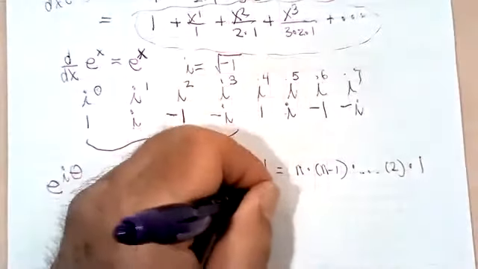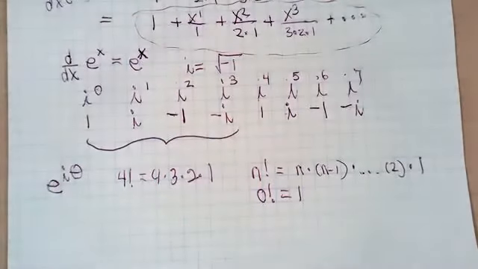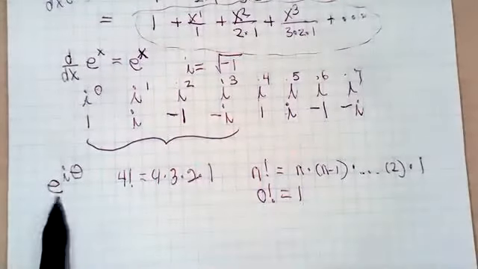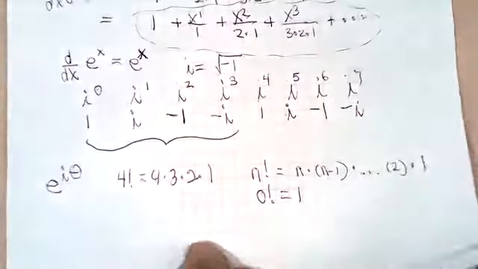And 0 factorial, by the way, is simply defined to be 1. Okay, so now I'm ready for e to the i theta, but I think I'm going to change pages here because it's going to take some work.